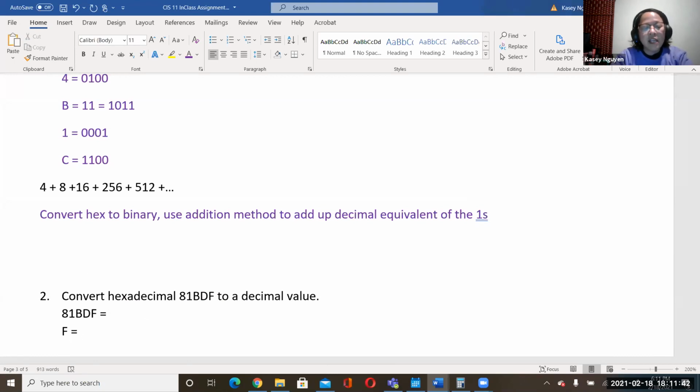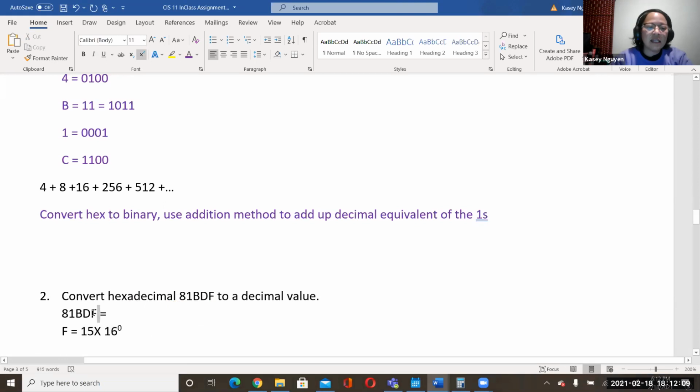So 15, we know that 15 is F, right? And so the F is really going to be 15 times 16 to the power of 0. This represents the decimal equivalent of F, right?